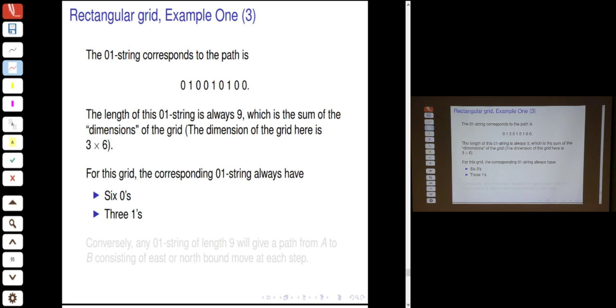Now, for this grid, because the horizontal distance is 6, you have 6 zeros, and 3 ones for the vertical distance.